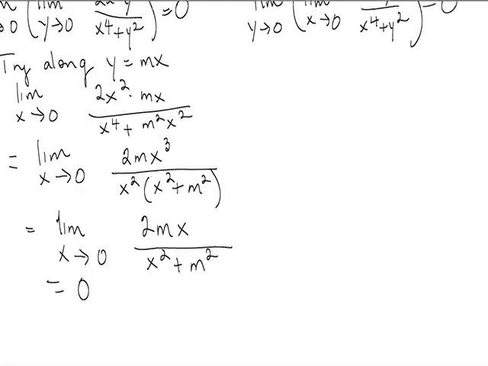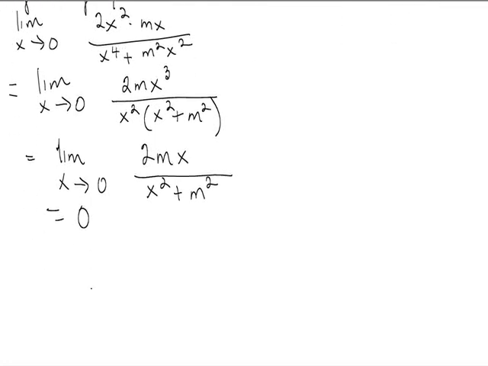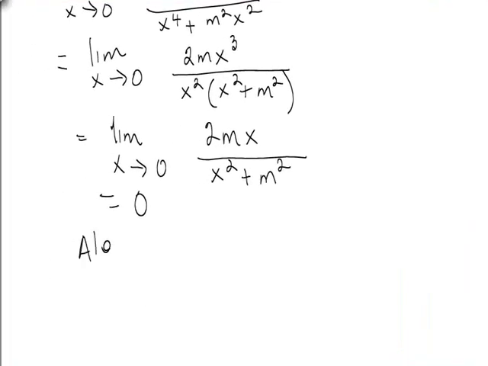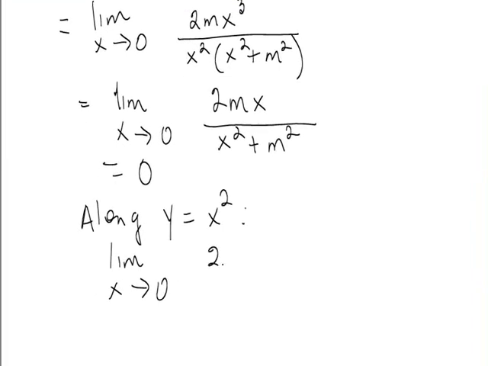Okay, so let's try along y equals x squared and let's hope it works. Along y equals x squared, the limit as x approaches 0. So in place of y, we're going to put x squared: 2x squared times x squared over x to the fourth plus x to the fourth.